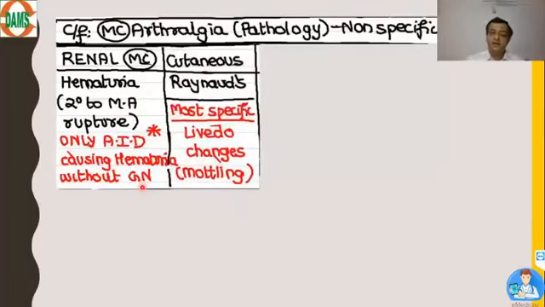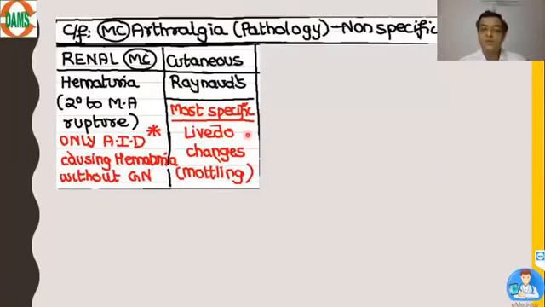Along with that, cutaneous manifestation can be there, in the form of Raynaud's phenomena. But the most specific skin manifestation in PAN is livedo changes, that is mottling in the skin.